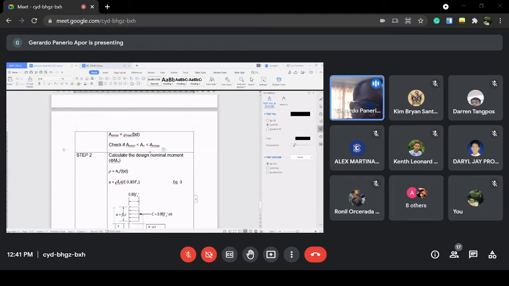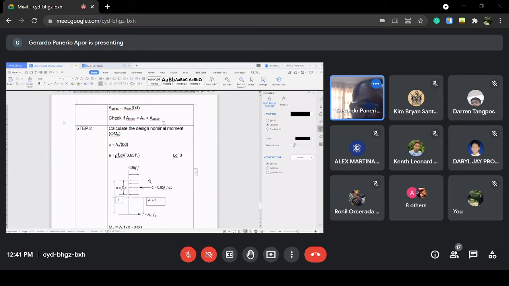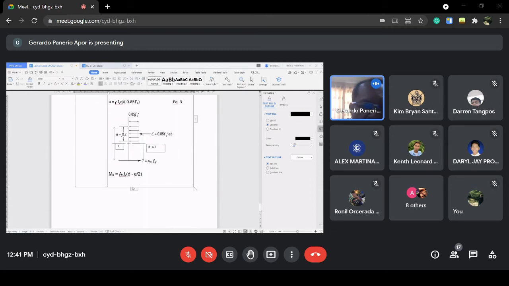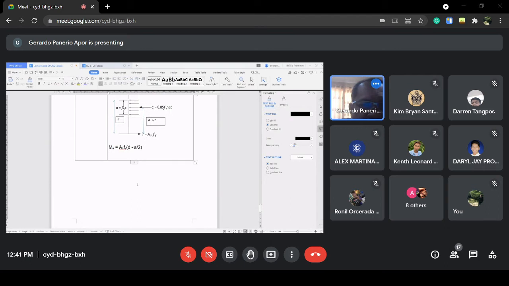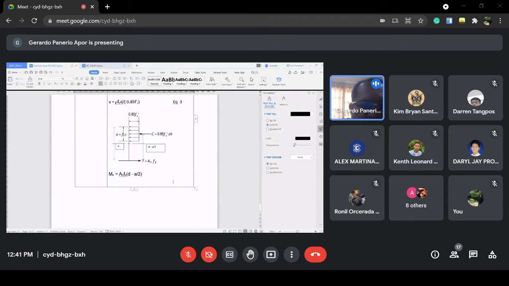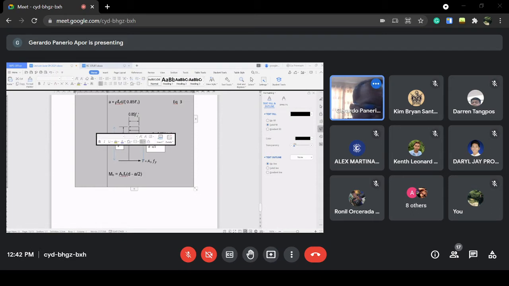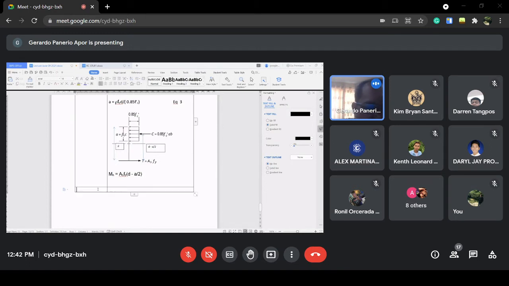Then if you already have AS satisfy this equation, then all you have to do is to calculate the MN. Then step 3, I will add rows below.